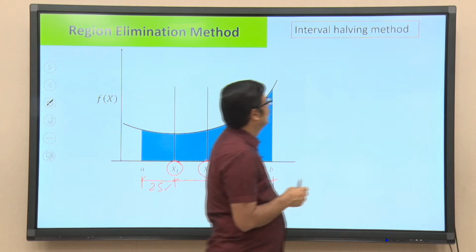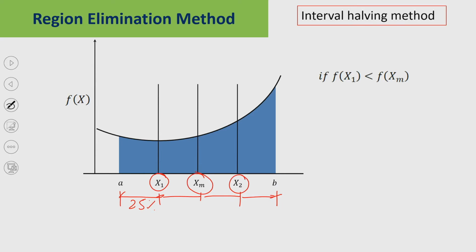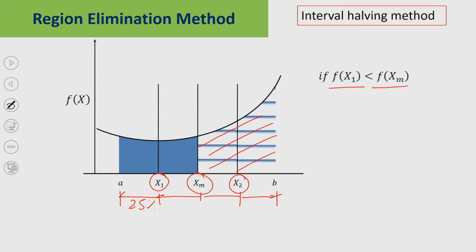Now, what I will do? We will apply the region elimination rules. If f of x 1 is less than f of x m, what does it mean? That optima is not there in this particular region, because f of x m is greater than f of x 1. Therefore, you can eliminate this particular region.